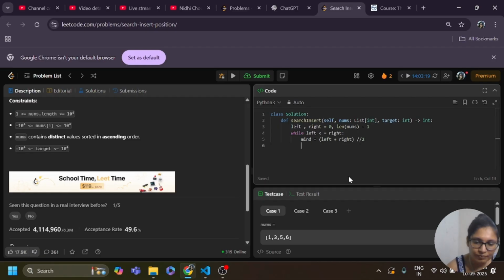Okay, if nums of mid equals target, return mid.